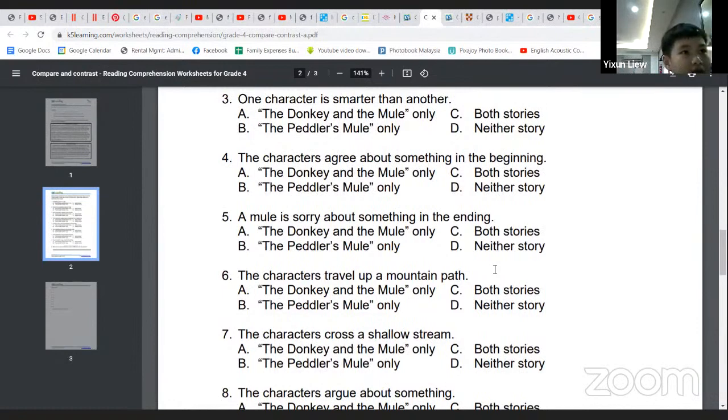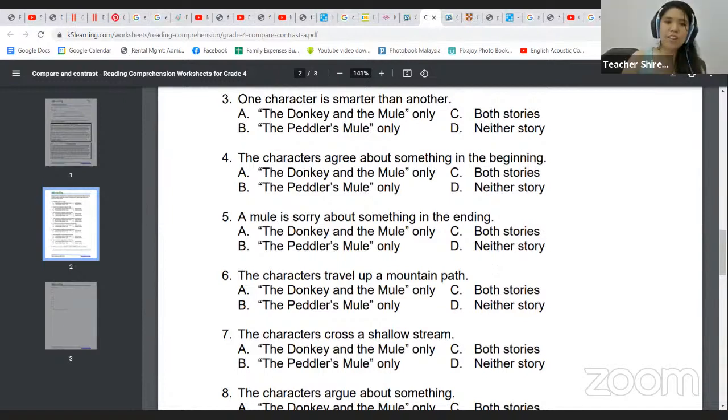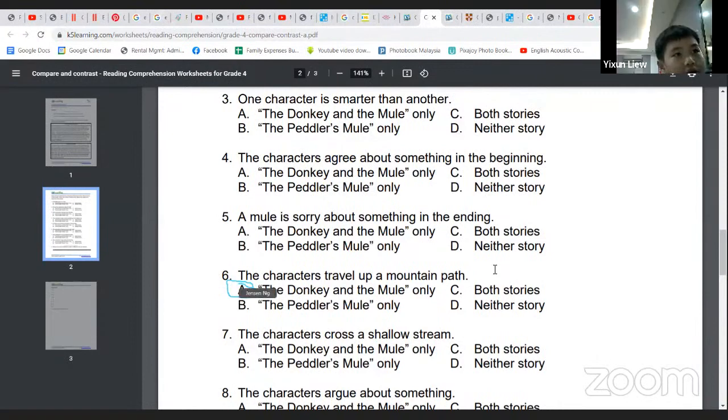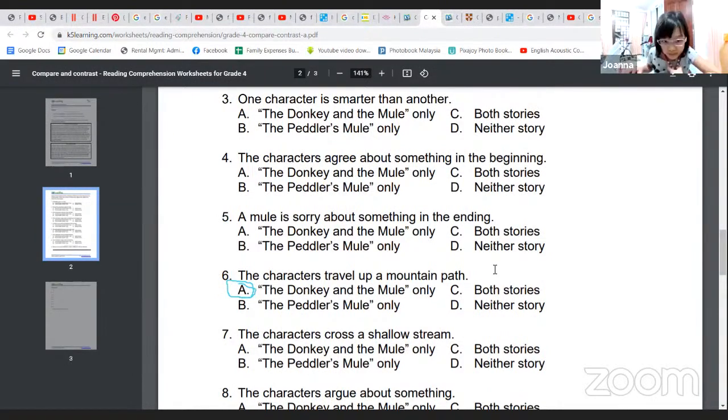A mouse is sorry about something in the ending. Right, which story says that? We are talking about number 5. The donkey and the mule. Okay. So in the donkey and the mule, at the end of the story, what is the mule sorry about?